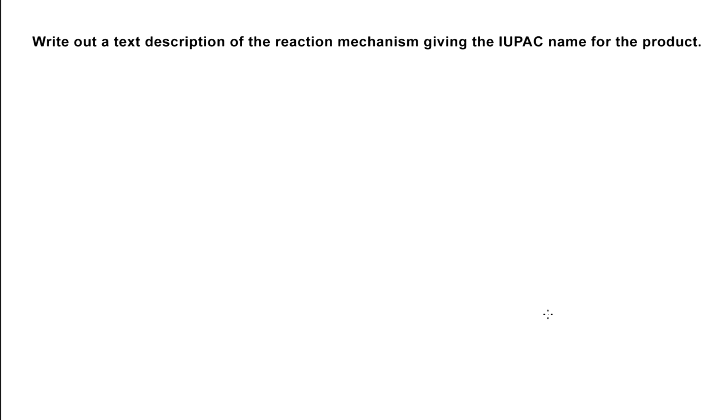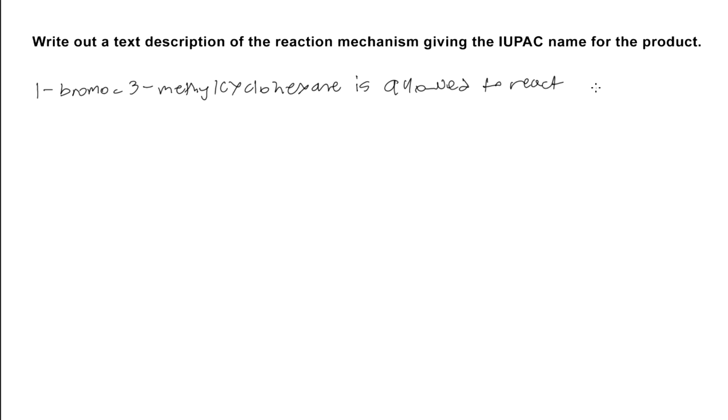So we're going to start out by saying something like this: 1-bromo-3-methylcyclohexane is allowed to react with sodium cyanide in an ethanol solvent.